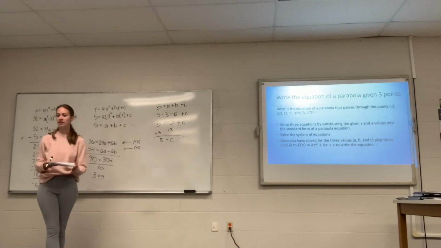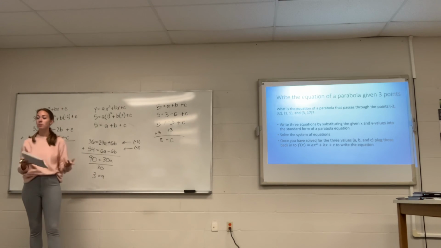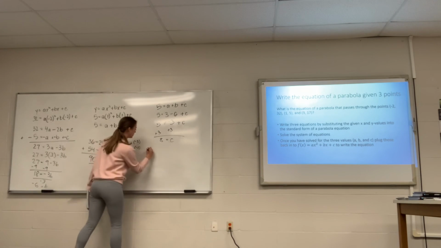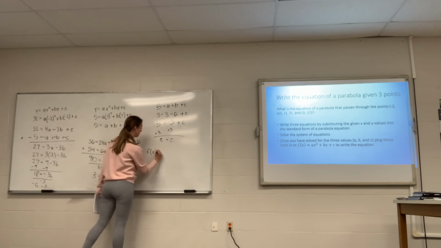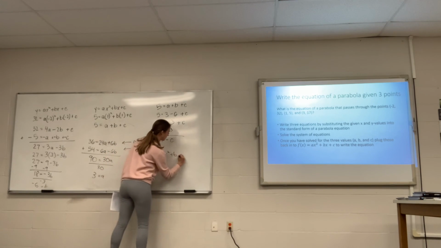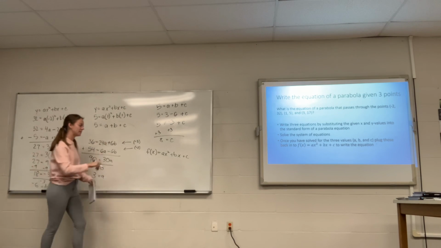And then if you look at that slide, it says the last step is once you've solved for all 3 variables, plug them back into our standard form to write our equation. So our equation would be f of x is equal to ax squared plus bx plus c. Now I'm just going to plug in the numbers for a, b, and c.